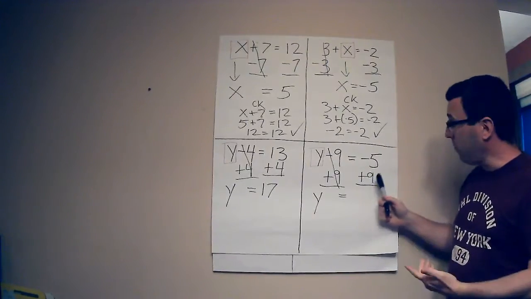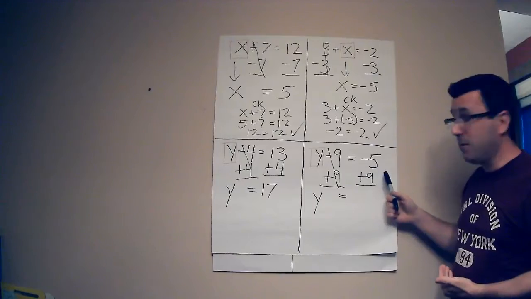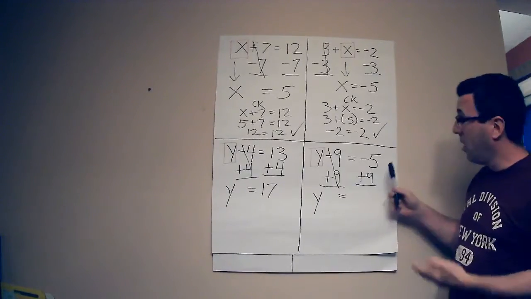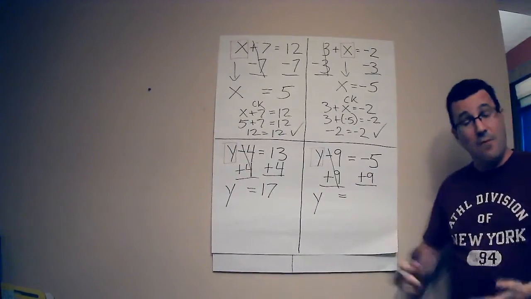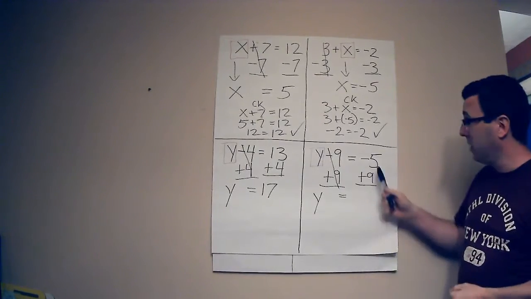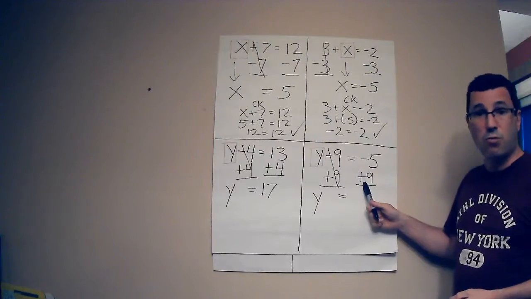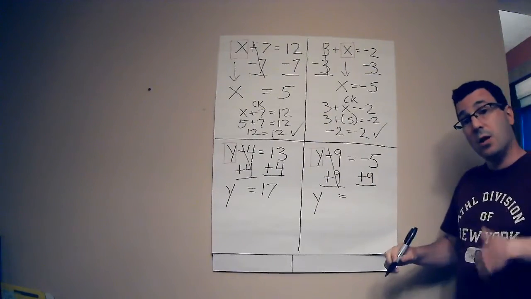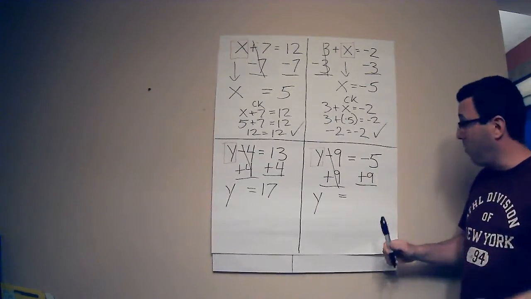Alright, here, I have a negative 5, a plus 9. I'm looking, the first thing, if I have difficulty remembering, well, what am I doing? First I look, are they the same signs? That's a negative, that's a plus, so no. The question becomes, am I going more positive or more negative?